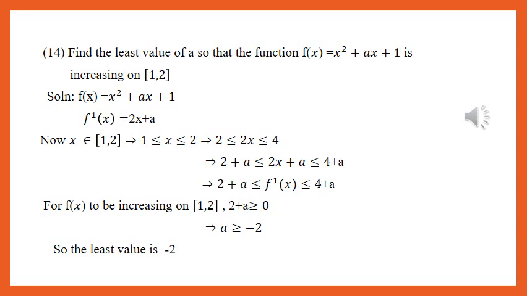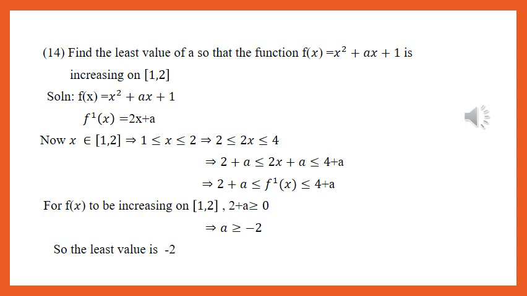Question number 14. Find the least value of a so that the function f of x equal to x square plus ax plus 1 is increasing on closed interval 1, 2. So let's see the derivative. F dash x is equal to 2x plus a. Now the given interval is closed interval 1, 2.